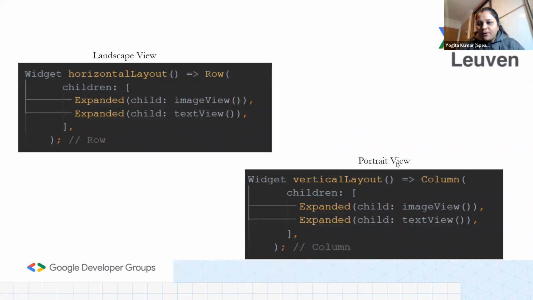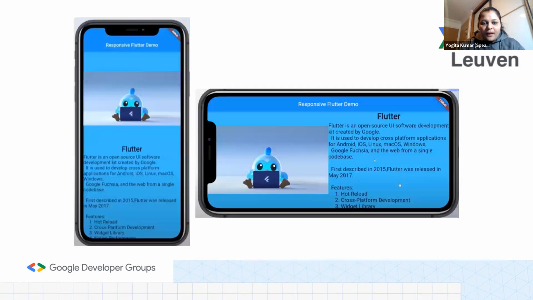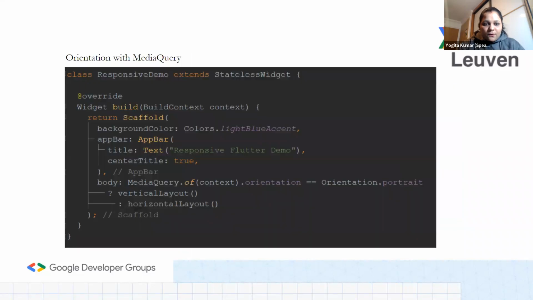Also in the portrait view, just for consistency, I put the image view and text view in the column also wrapped with Expanded so that it takes the space equally in the column. Then I check the outcome and it shows me without pixel overflow error, and I can show the image and the text now. So it's good. Let's go forward.